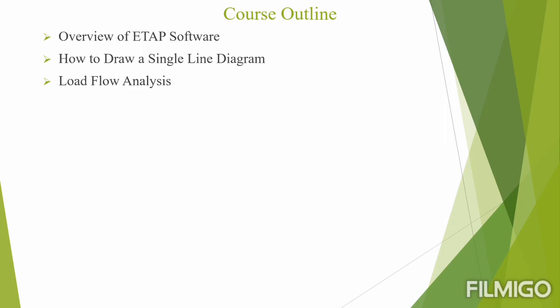Load flow analysis primarily involves four quantities: the first is the determination of various bus voltages, secondly their phase angles, thirdly active power flow, and the fourth is reactive power flow. So we are looking at bus voltages, phase angles, and active and reactive power flow. After teaching how to run the load flow analysis, how to interpret the results obtained from the load flow analysis will also be taught.